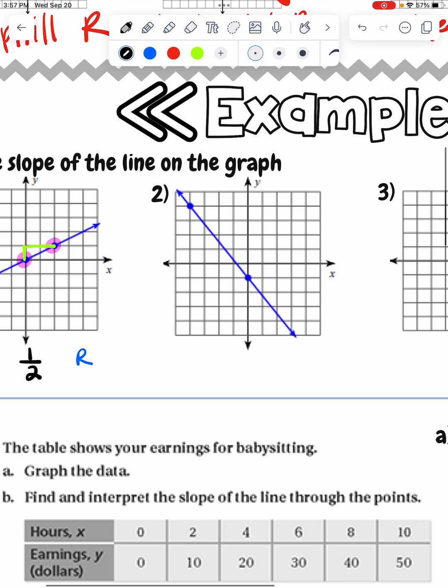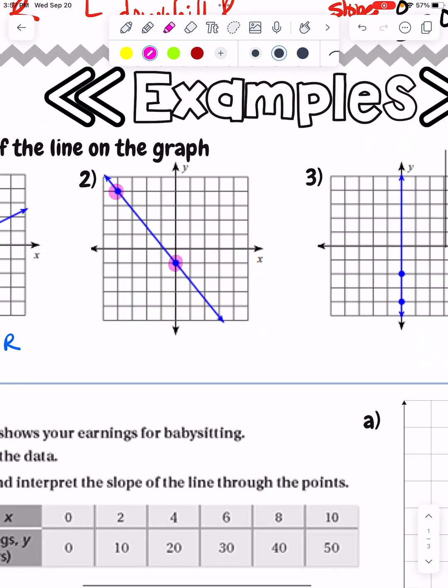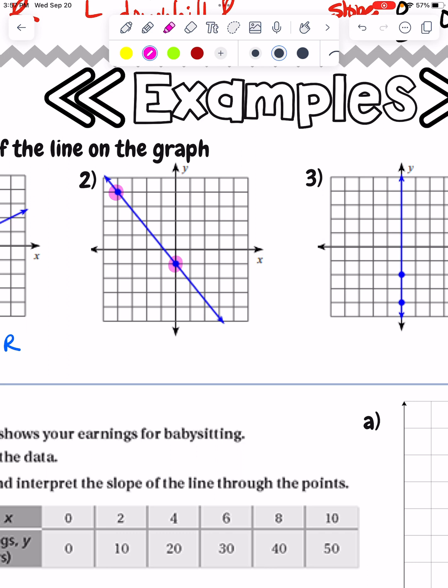When I look at graph 2, we have this point and this point. I already know that this slope is going downhill, so I know that it will be a negative slope. So I'm going to start all the way here to the left. Typically when we do rise, we're rising, but in this case, because it's negative, we're going to count down.